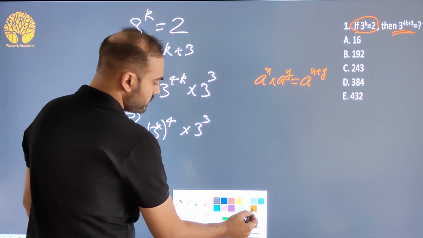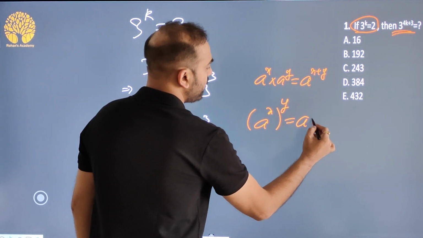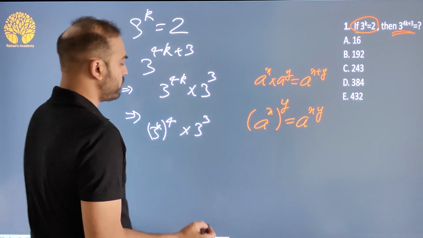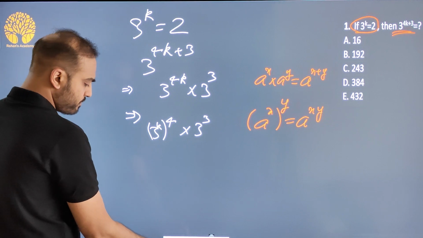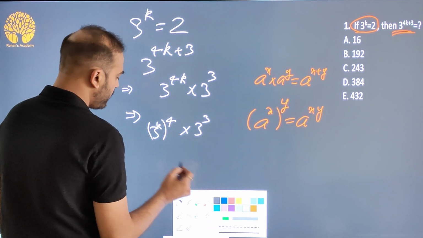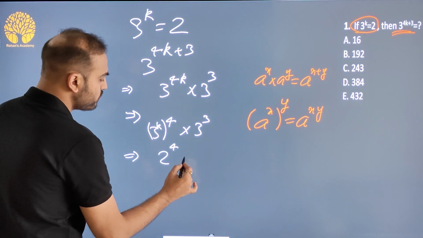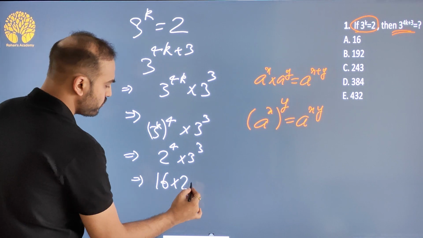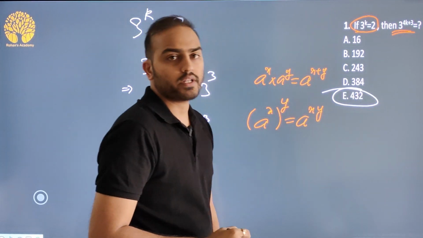Again, reverse of the property, a power x power y is a power xy. So 3 power 4k is 3 power k whole power 4. 3 power k we know is 2. So that's 2 power 4 times 3 power 3. That is 16 times 27, 480 minus 48, 432.